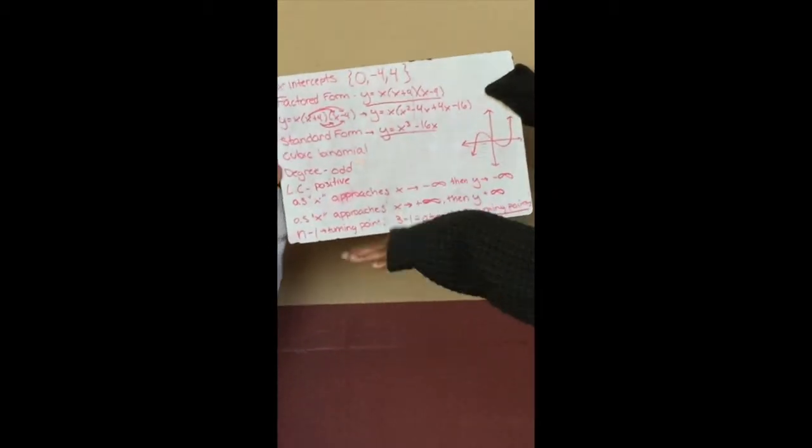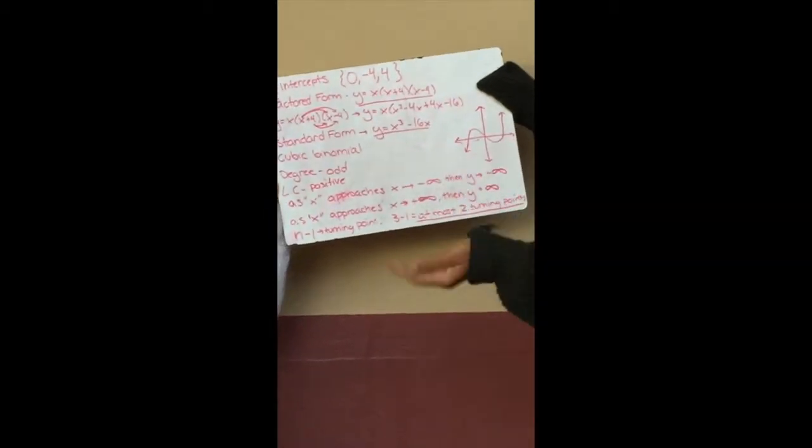And then the leading coefficient, which is the number before the term with the highest exponent. So in this case it's x, but it could be really like 1x. And so that's positive. So with this, we know that as x approaches negative infinity, then y goes to negative infinity. And as x approaches positive infinity, then y goes to positive infinity.